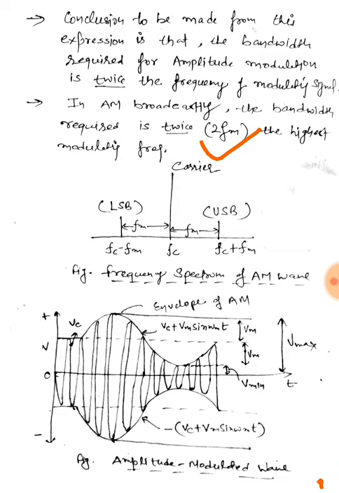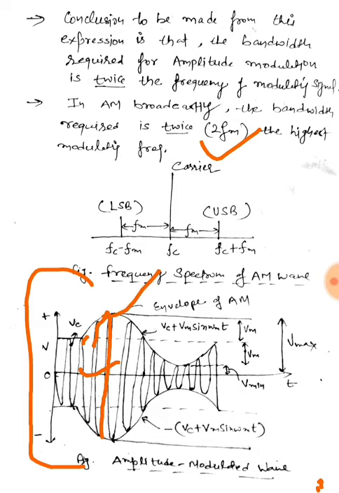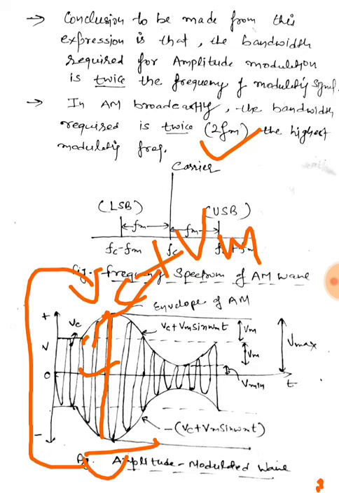Now we can see the amplitude modulated wave in this picture as well, in this diagram, very well described diagram. So this is our sine wave, that is the carrier Vc sine omega ct. Now the message signal is superimposed on that, so the amplitude is varying from the maximum value, that is Vc plus Vm, to this, Vc minus Vm.